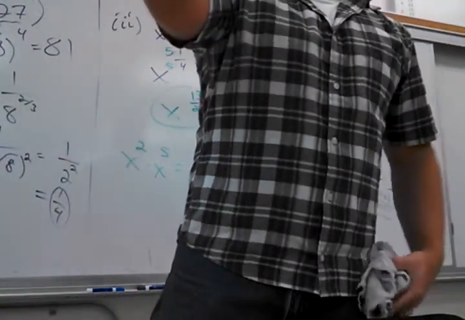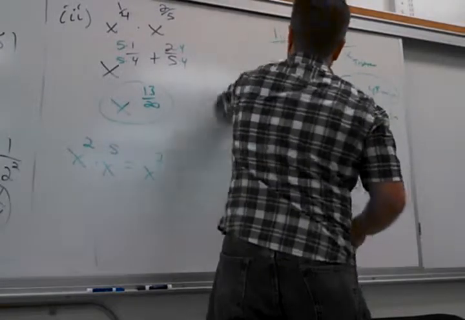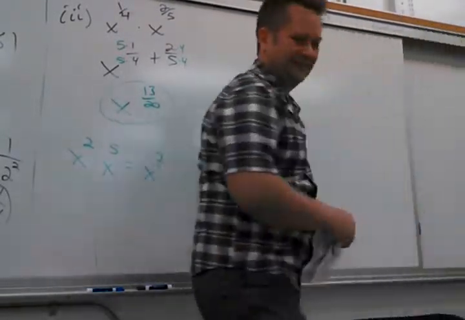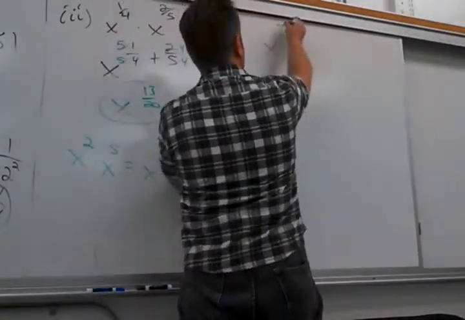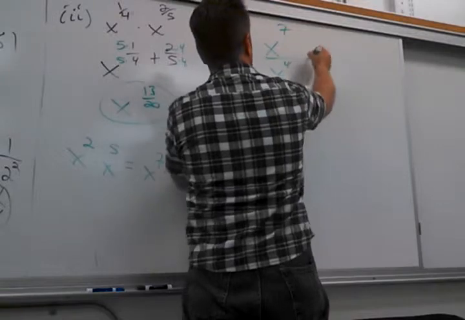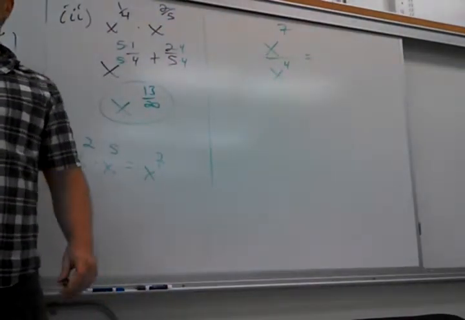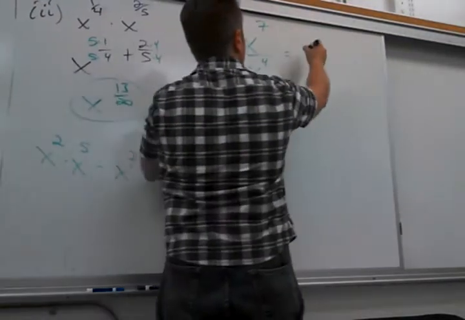So of course, when you divide, you... All this hard work. What's x to the 7th divided by x to the 4th? Just 7 minus 4. Good, right? So you just needed something to look at. X cubed.